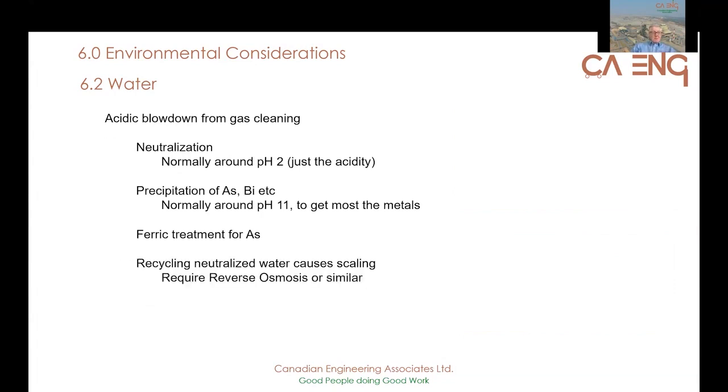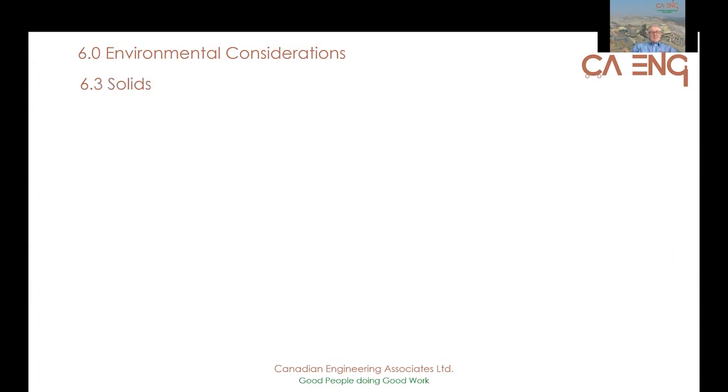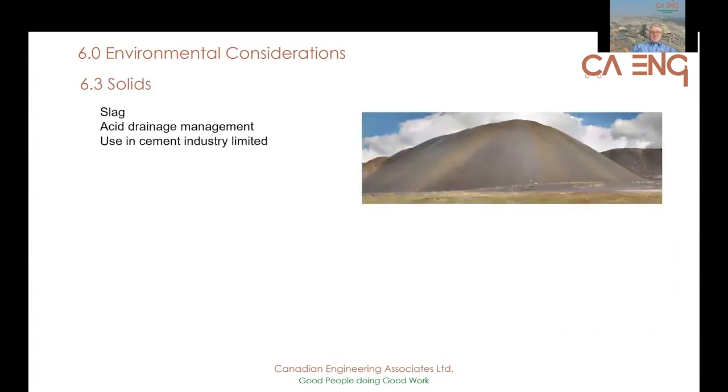And then, because people are recycling more and more of the water, you have to also do something like reverse osmosis to remove the sulfate so you don't get scaling all through your plant. And finally, stormwater runoff needs to be completely contained and treated back through your effluent treatment plant, more and more under a mandate.